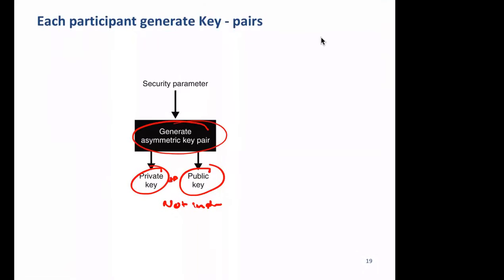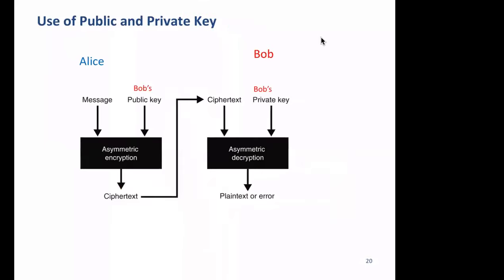There is some magical relationship which will finally let the person decrypt it. Alice's public key is known to everyone, and the message is sent to her encrypted with the public key, and she uses her private key to decrypt it. That relationship is shown here.